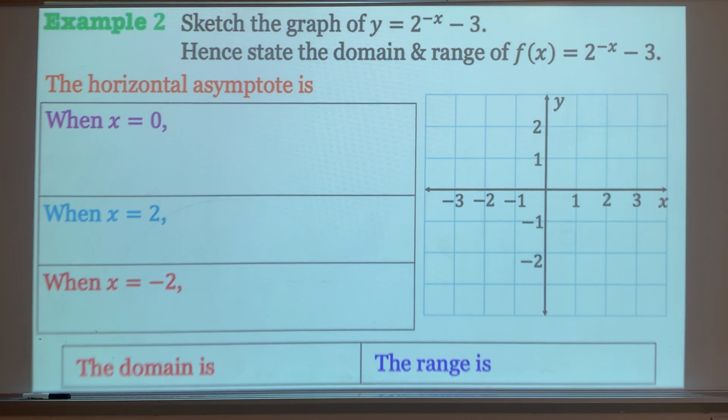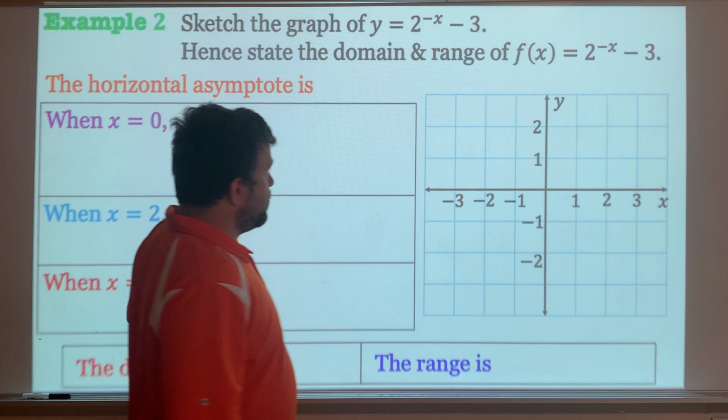It's always good to try things first, and then see if we're good. So first off, how many points do we need? 3. We're going to find the horizontal asymptote, and then find 3 points.